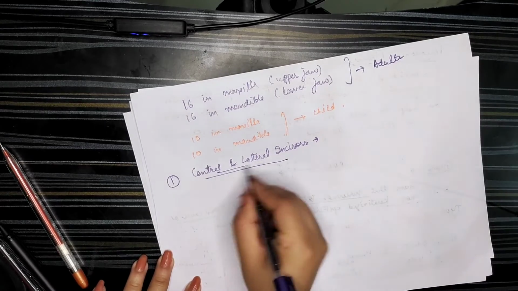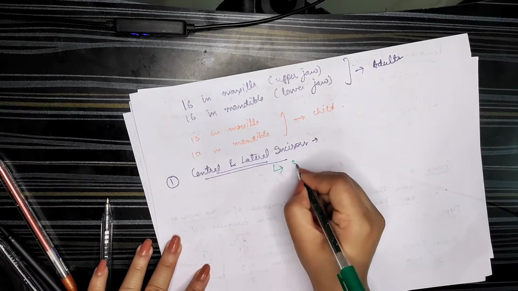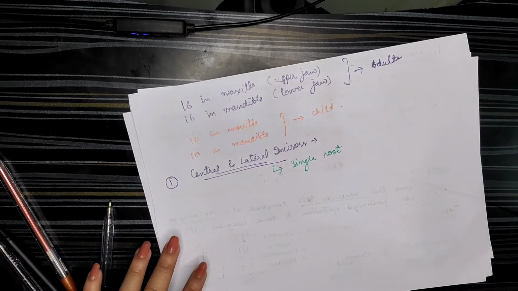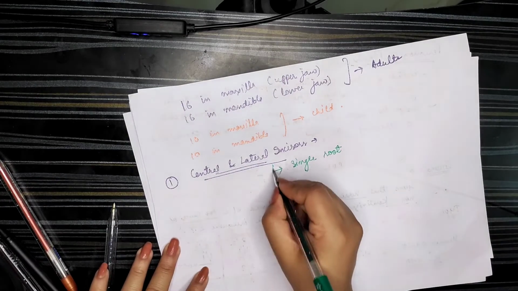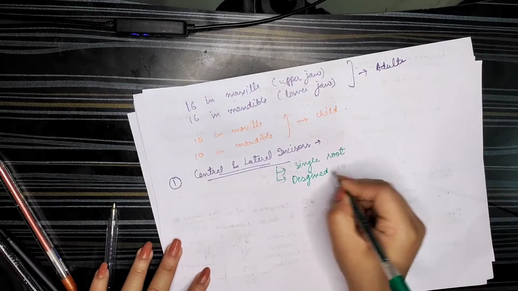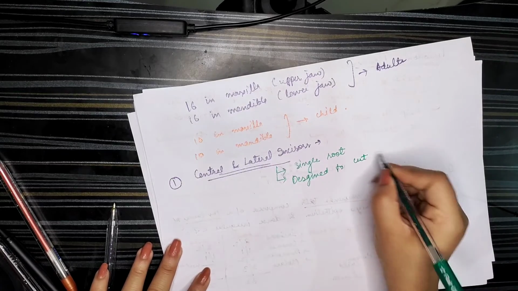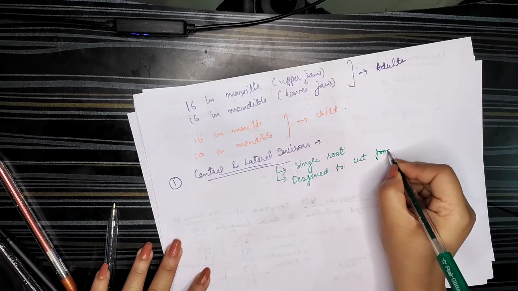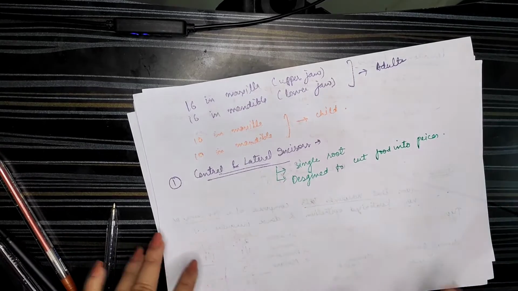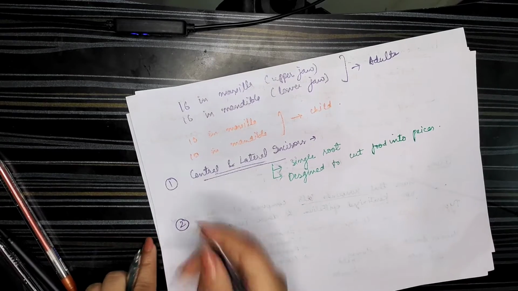Central and lateral incisors consist of a single root. These are single-rooted teeth, and they are designed to cut food into pieces.